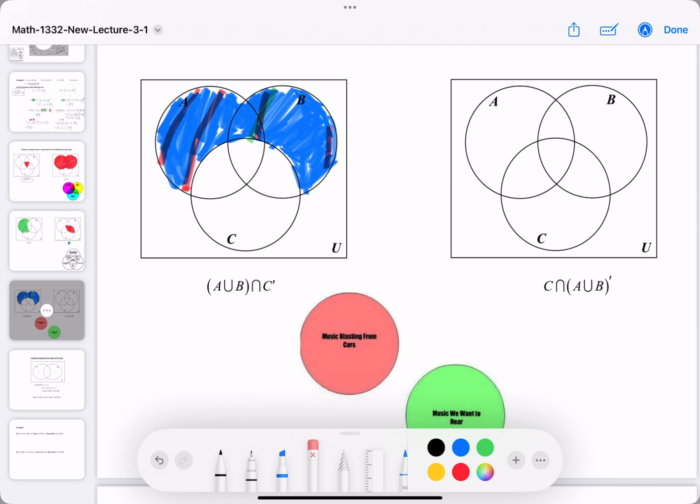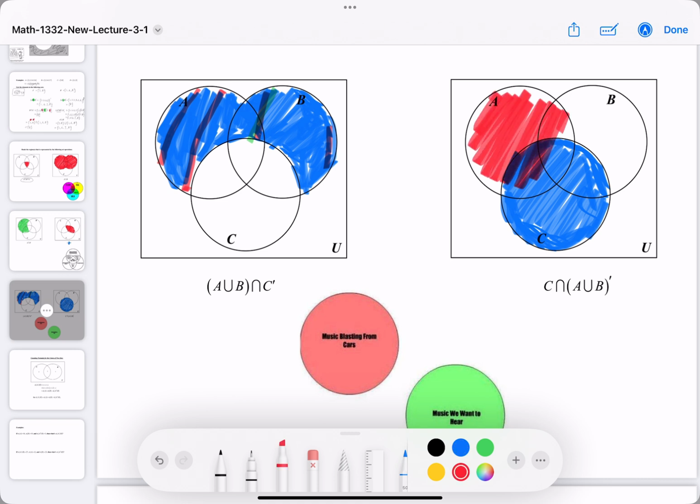Okay, C and parentheses A union B prime. So what is the C? We can use blue to shade the C. And the area A union B, in the parentheses, means A or B. But we're not looking for A union B, we're looking for the prime.